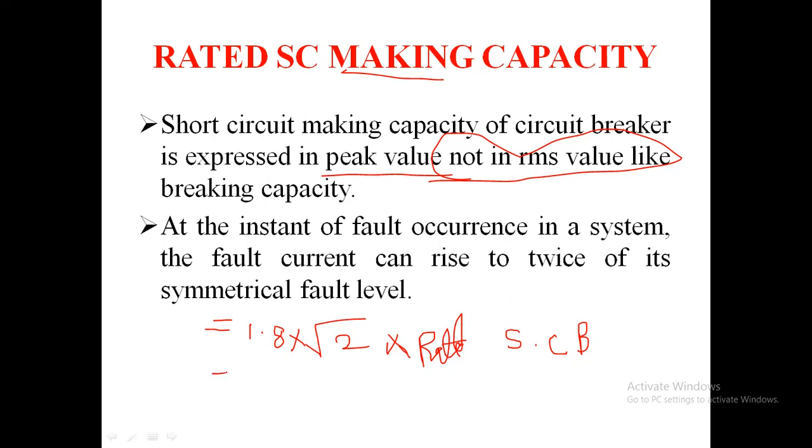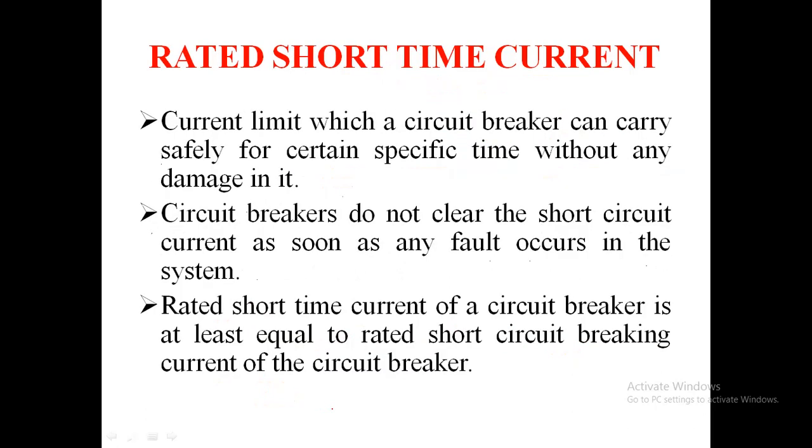If I multiply the constant terms, I get 2.5 times the rated breaking current. So rated making current is 2.5 into rated breaking current. This is the concept: root 2 converts the RMS to a peak value, while the factor 1.8 is considered for the doubling effect of the short circuit current.